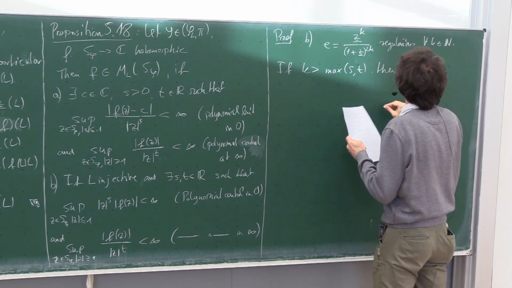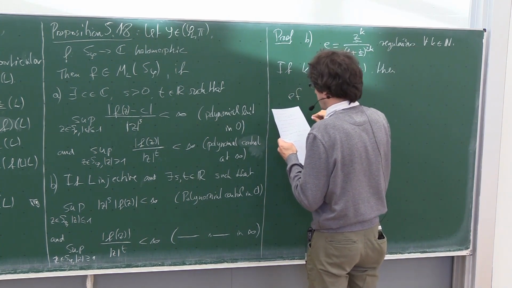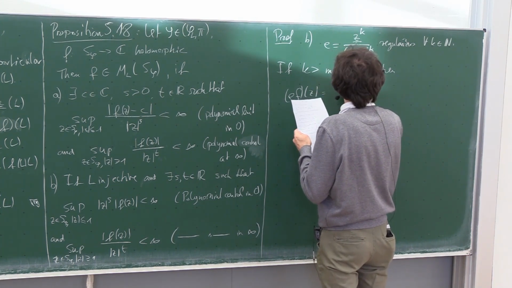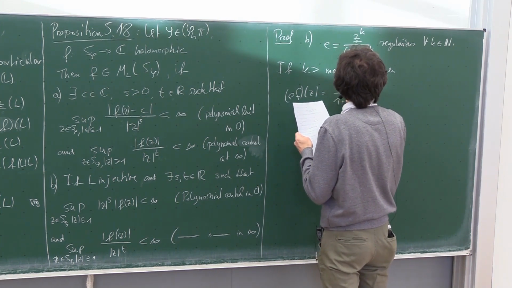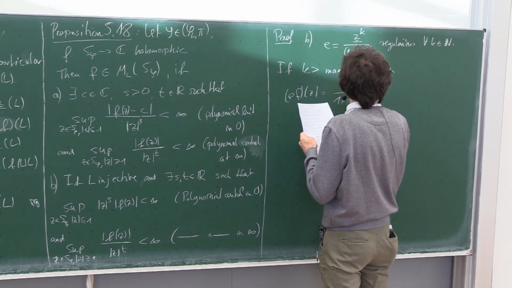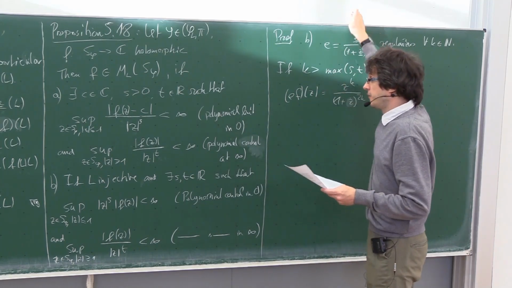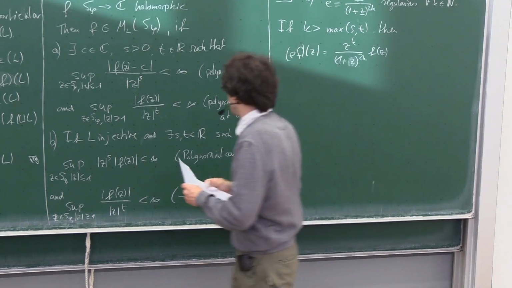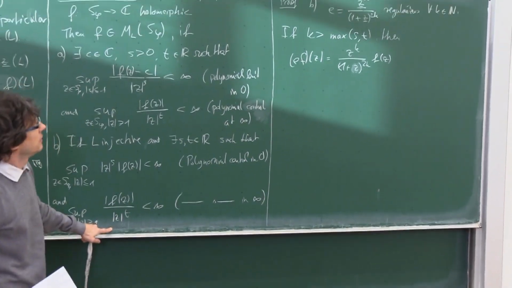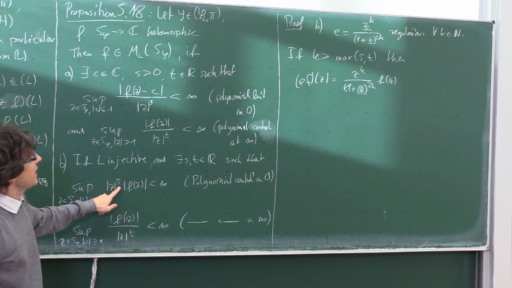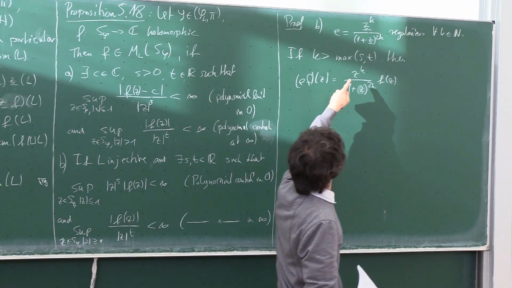And then if you look at EF, this is then z to the k over 1 plus z to the 2k times f of z. And now if you have polynomial control at 0 and infinity, this gives you s additional power here.